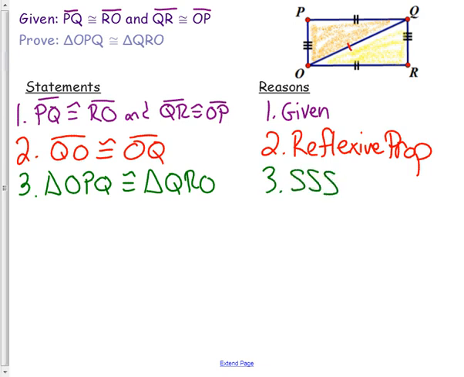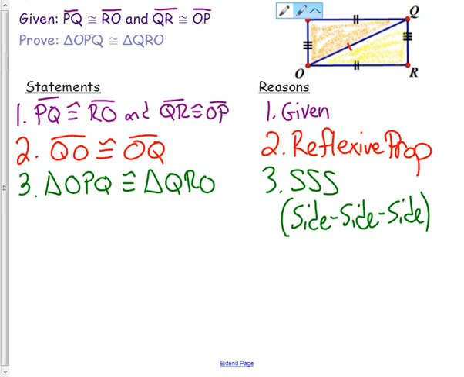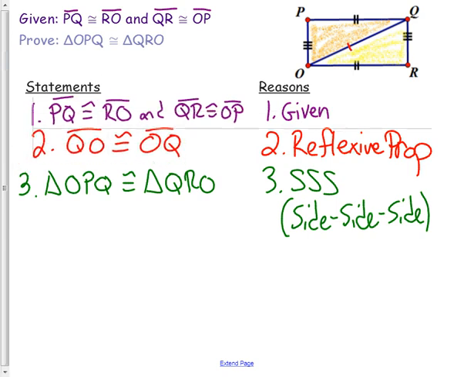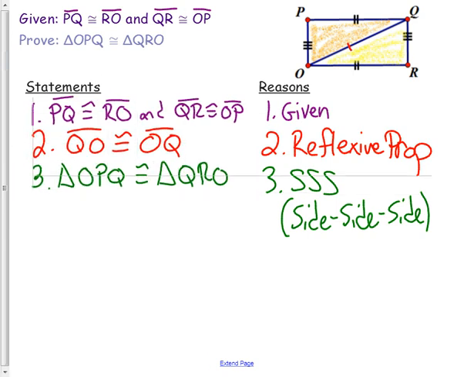You can write SSS for side, side, side, or you can write side, dash, side, dash, side. One thing that was suggested when I went to a conference is that when writing these triangle proofs, you leave yourself a little margin and then write what you have.